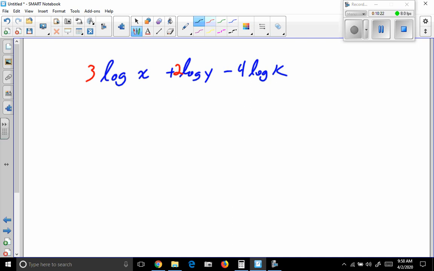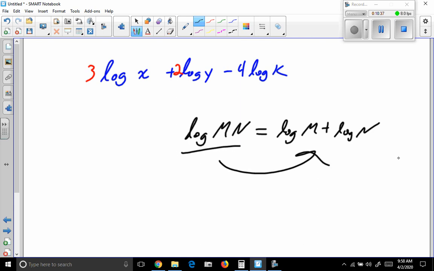So our product and our quotient rule that we looked at earlier, when we have a product and we said we could take the log of each factor, these two sides are equivalent. In the past, we went from this side to that side, but we can go from this side to that side just as easily. One thing we have to be careful with is that the coefficient here is 1 and the coefficient here is 1.